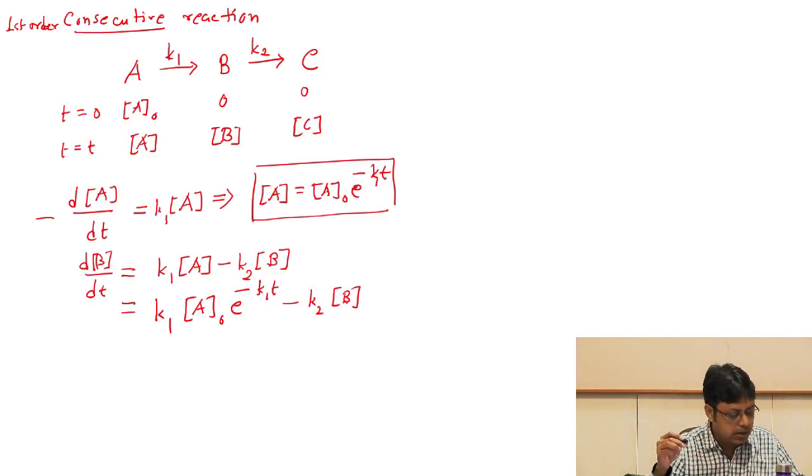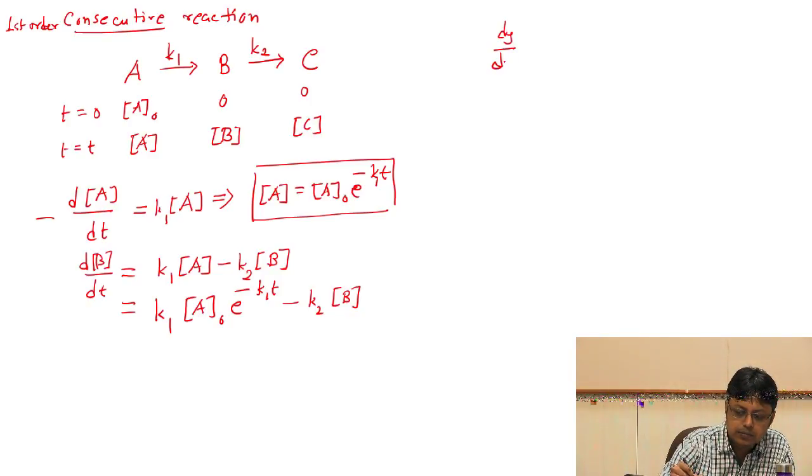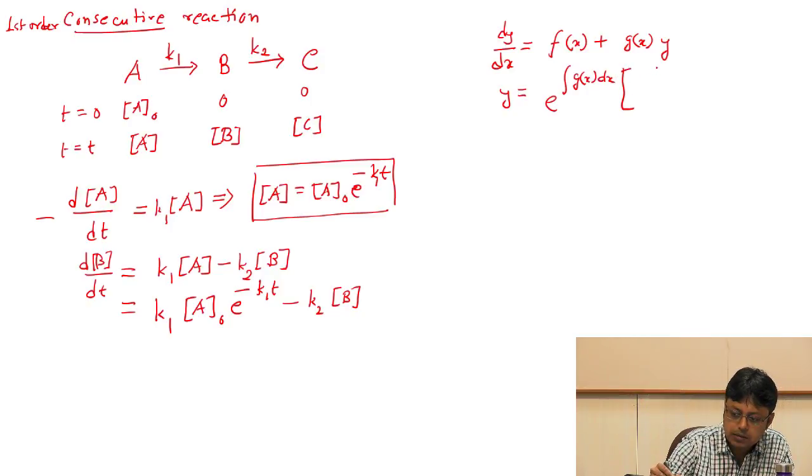For that we'll use a standard integral. If dy/dx is something like f of x, where f is a function of x, plus g of x into y, then y is e to the power integral g of x dx, times the integral of e to the power negative integral g of x dx times f of x dx.